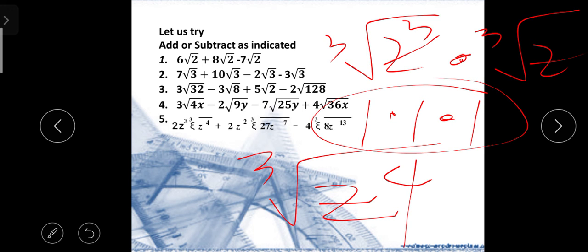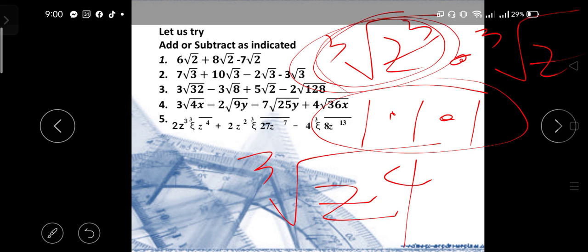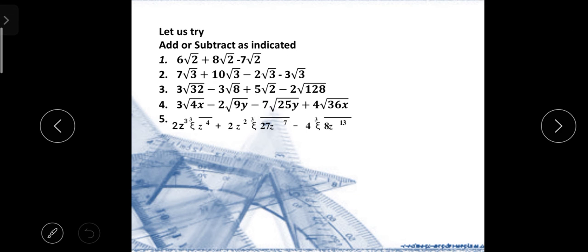So, perfect cube pa rin siya. Kaya ito ay nailabas. So, ang matitira na lang ay cube root of z. Nagegets ba grade 9? Ata, medyo.